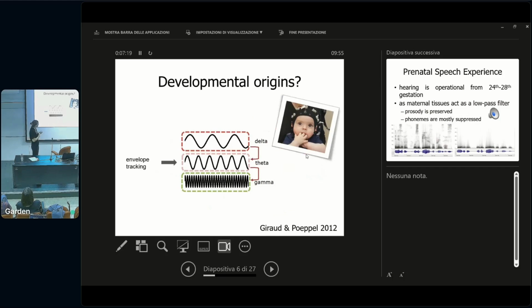So the question we are asking in a series of studies is, how does this, and this is schematically the illustration of the embedded neural oscillations, now upside down, so the slow one is up, faster down, emerge through development, and whether envelope tracking in this privileged theta range is present, because of course babies don't have that much experience with speech. The question is always the usual one: is it there from the beginning, or is it something that takes time to emerge?